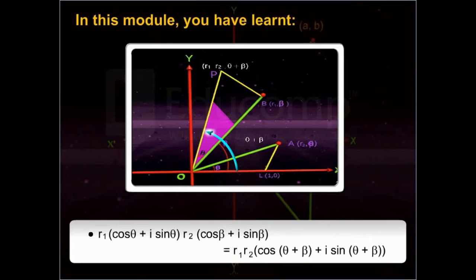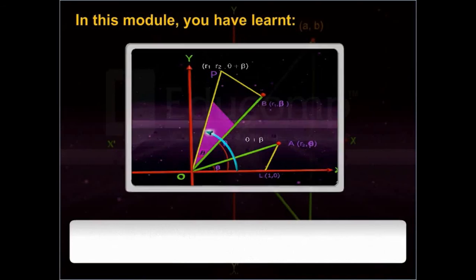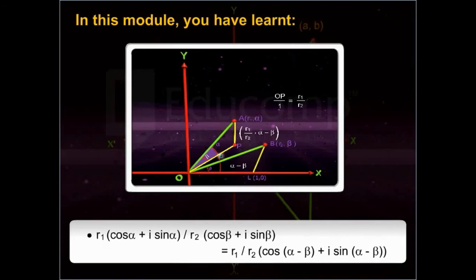The product of two complex numbers with polar coordinates (r1, theta) and (r2, beta) is r1 r2 into (cos (theta plus beta) plus iota sin (theta plus beta)). The division of two complex numbers with polar coordinates (r1, alpha) and (r2, beta) gives r1 upon r2 into (cos (alpha minus beta) plus iota sin (alpha minus beta)).